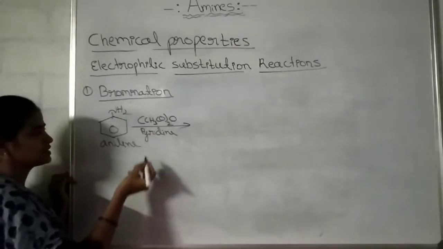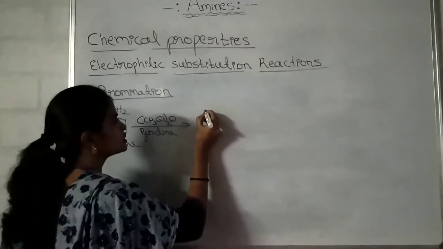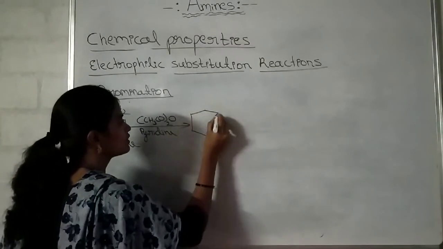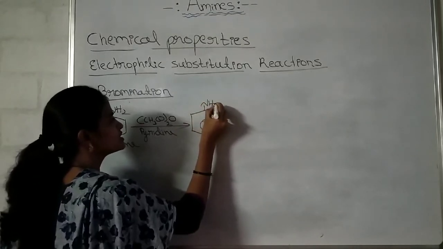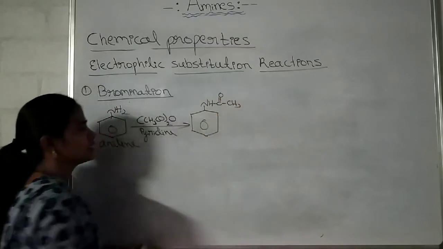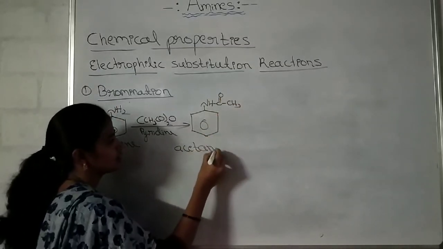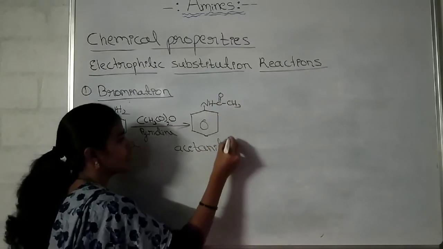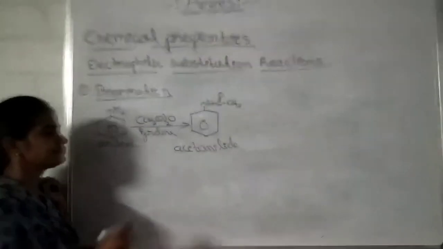Okay? Acetylation means what? One of the hydrogens of NH2 is replaced by the C double bond O CH3 group. What is the name of this? Acetanilide.